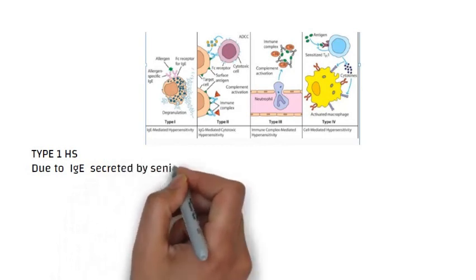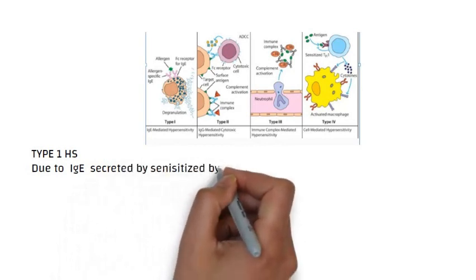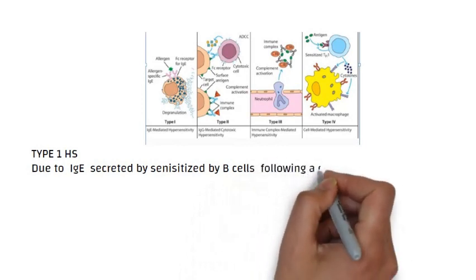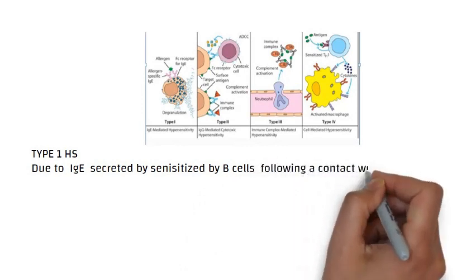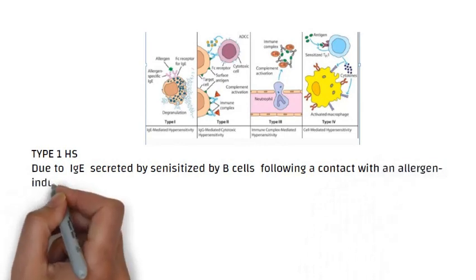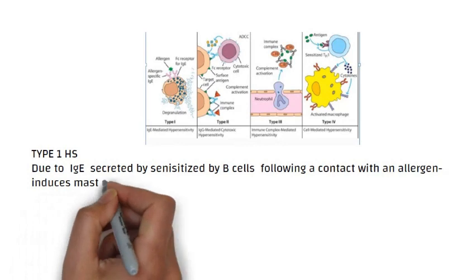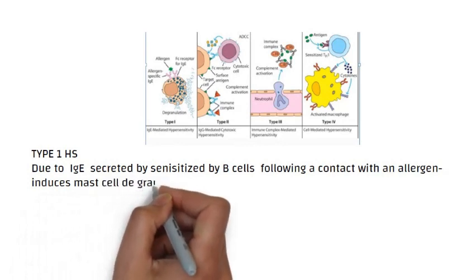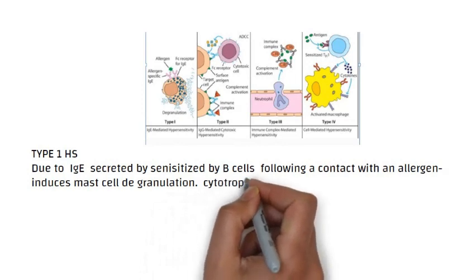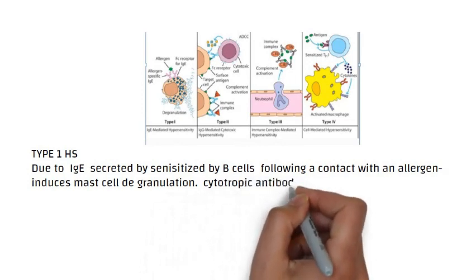Type 1 is due to IgE secreted by sensitized B cells following a contact with an allergen, which induces mast cell degranulation. It is a cytotropic antibody and not a circulating antibody. Pharmacologically active mediators from granules are released.